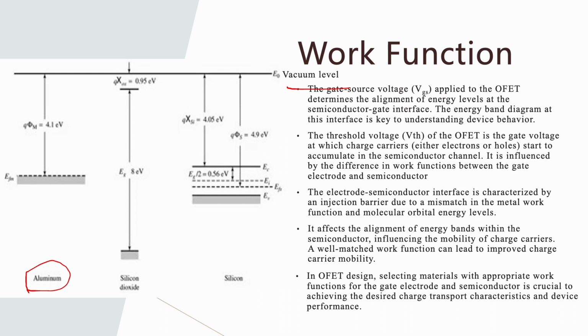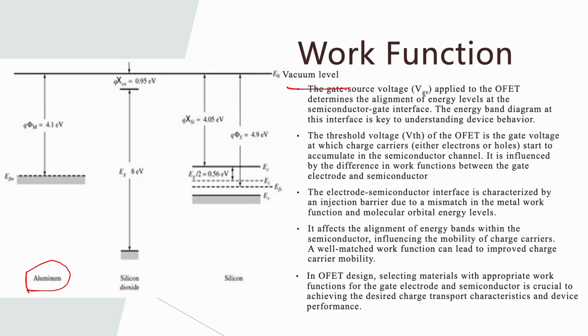The gate source voltage, VGS, applied to the OFET determines the alignment of energy levels at the semiconductor gate interface. The threshold voltage of the OFET is the gate voltage at which charge carriers start to accumulate in the semiconductor channel. It is influenced by the difference in work function between the gate electrode and semiconductor.